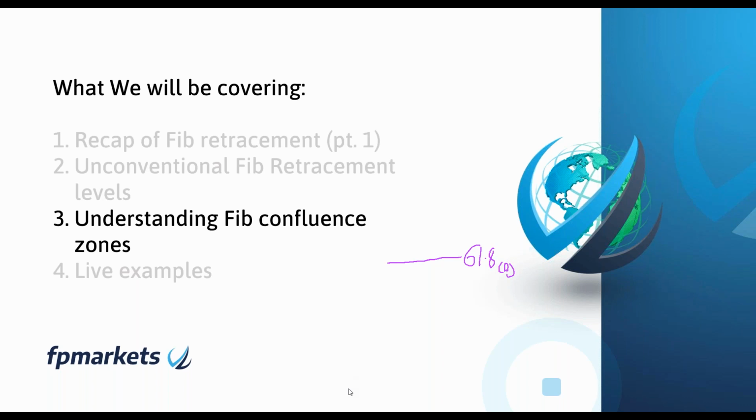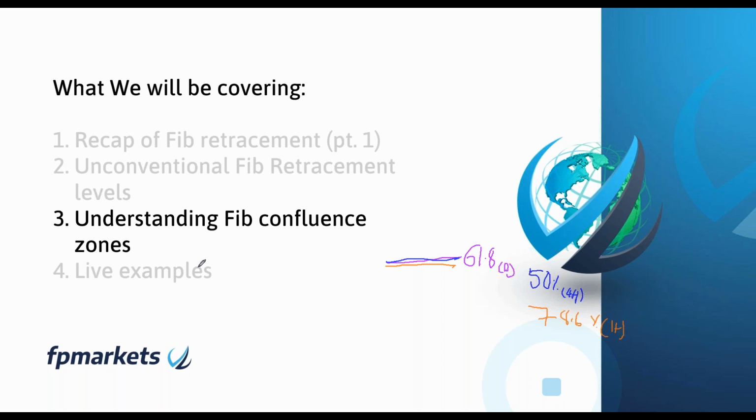Maybe lining up with a 50% on the 4-hour, right? And then you zoom in on the lower time frame, and you have another 78.6% on the 1 hour.